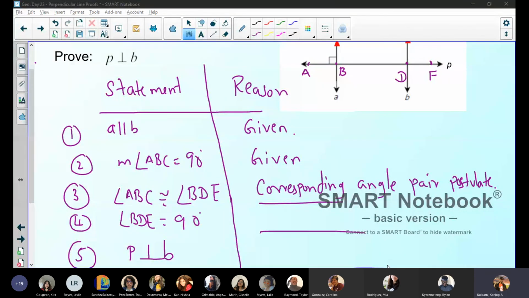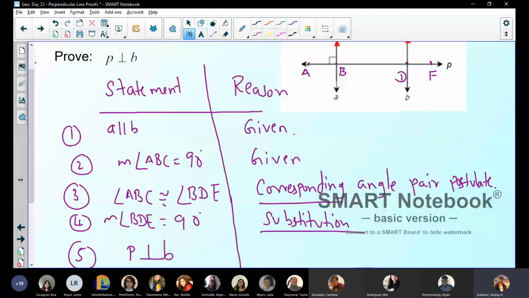How about the next reason? Reason for the fourth and fifth step. When these two are congruent, I'm just using the substitution property here. And this is the definition of perpendicular lines.